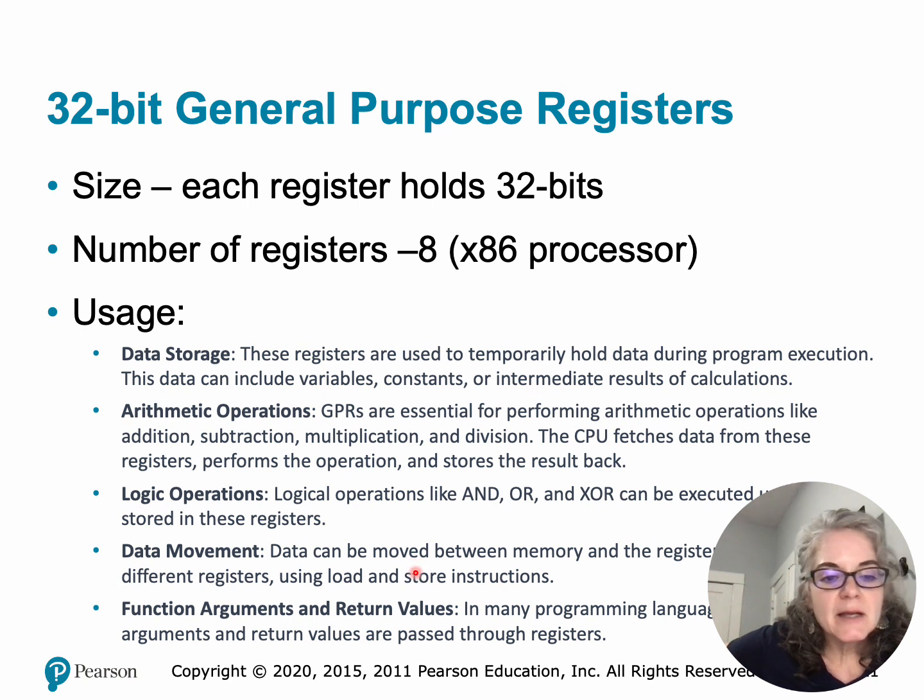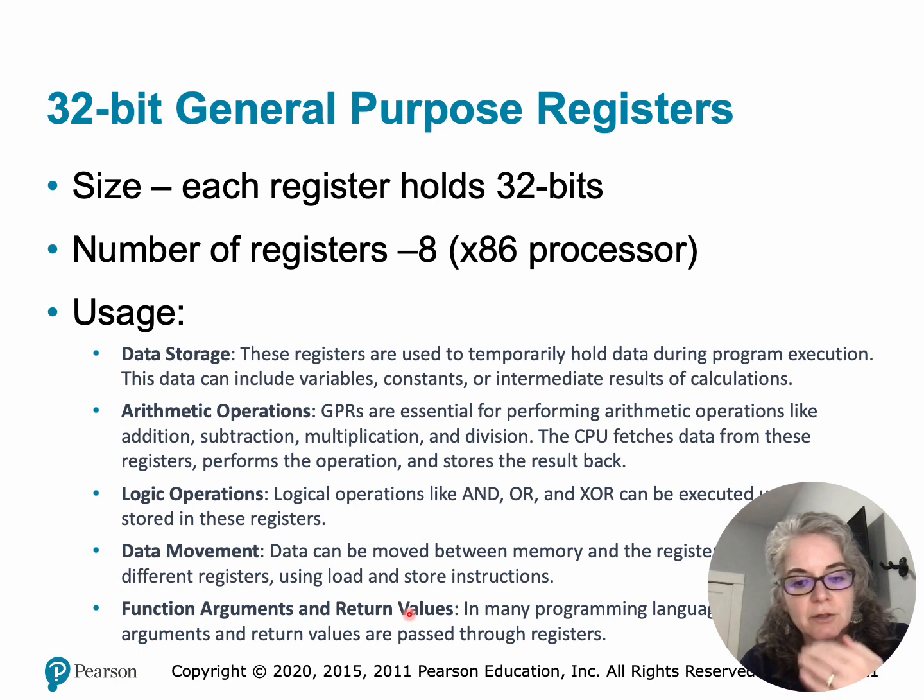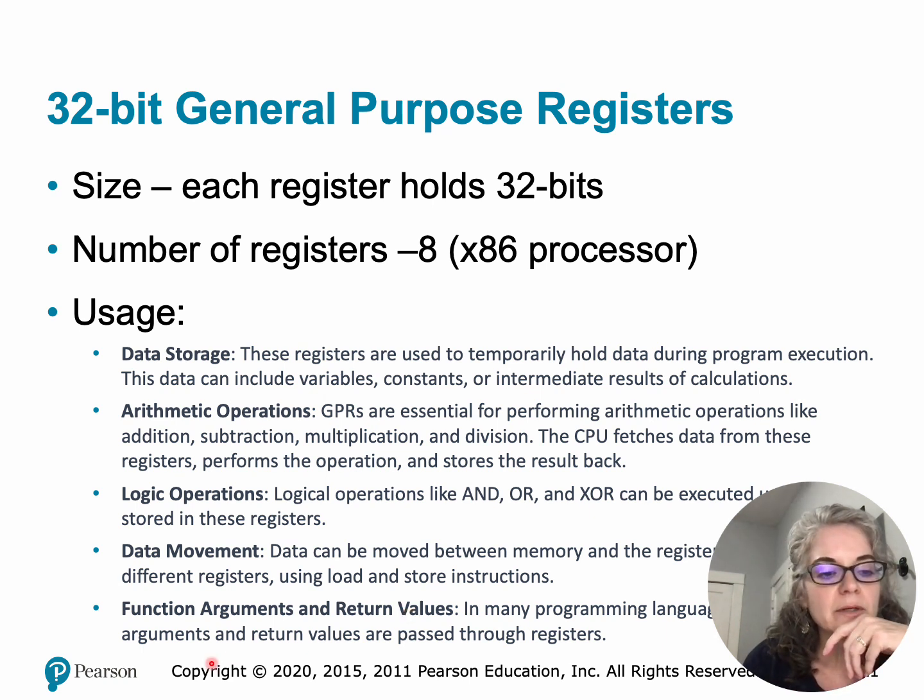So we're moving data between memory and register, and function arguments and return values. So you know how we create functions in our programming languages. Those arguments, the things that we pass to the function, and what the function returns can be stored in these registers.